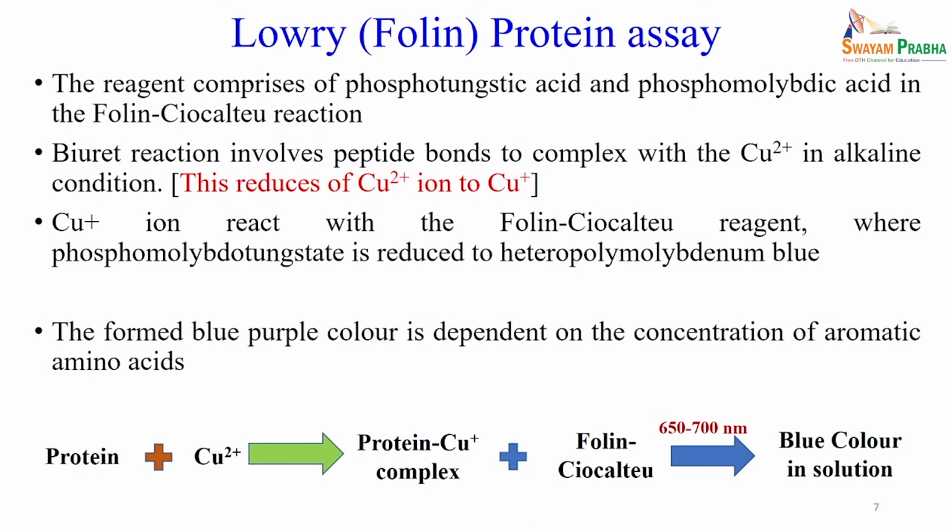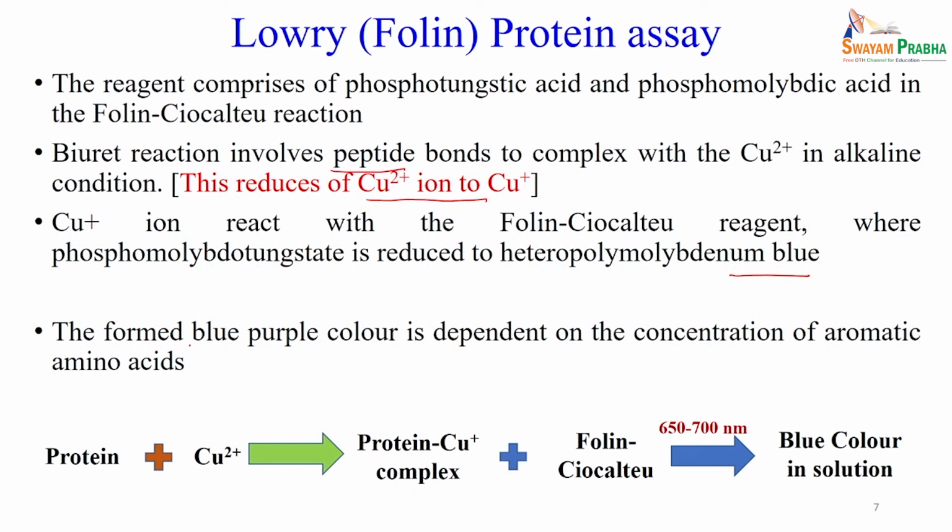Copper ion in alkaline solution complexes with the peptide bonds or NH groups of the proteins and reduces copper 2 plus to copper plus. Once copper plus is present, it reacts with the Folin reagent, and when it binds to the reagent we get a change in color, a purple blue color.